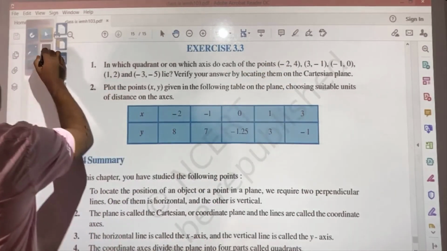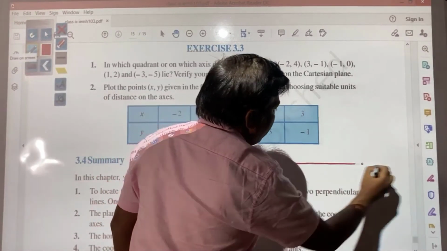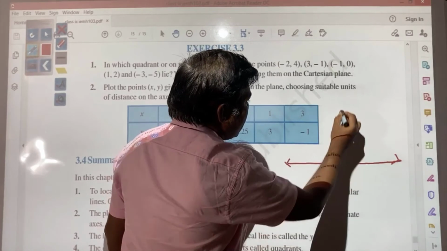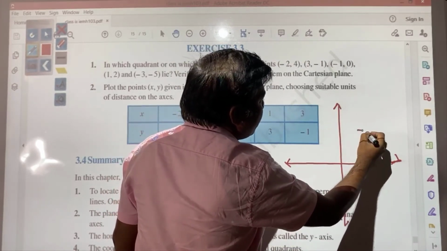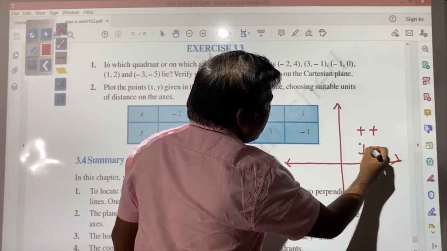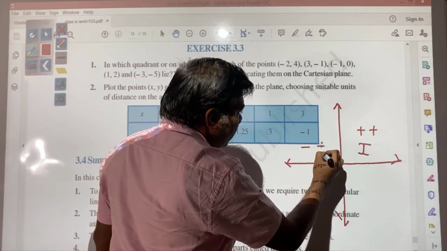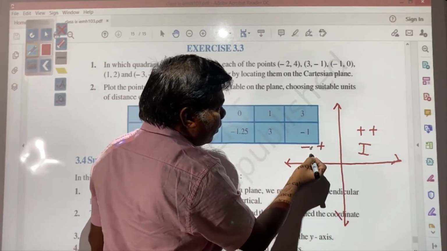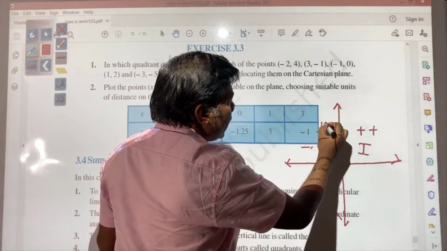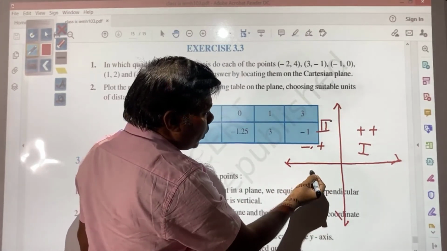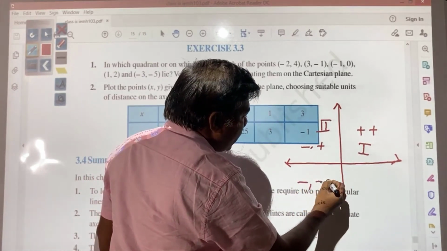In the second quadrant what we have, just you see. Suppose this is your x-axis and this is your y-axis. Here you have positive numbers, so positive in the first quadrant. Here you will be having negative and positive: the x-axis negative and the y-axis positive in the second quadrant. In the third quadrant you will be having negative and negative.